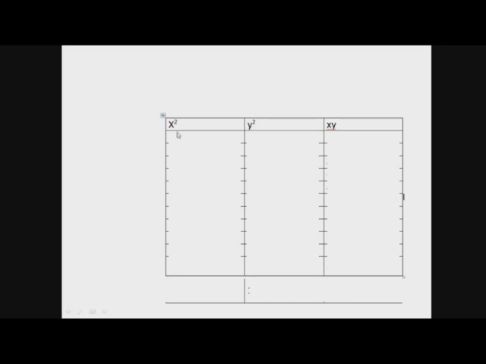And I'll also be squaring all the values of X and Y, and multiplying X and Y together as well in each row of the table.